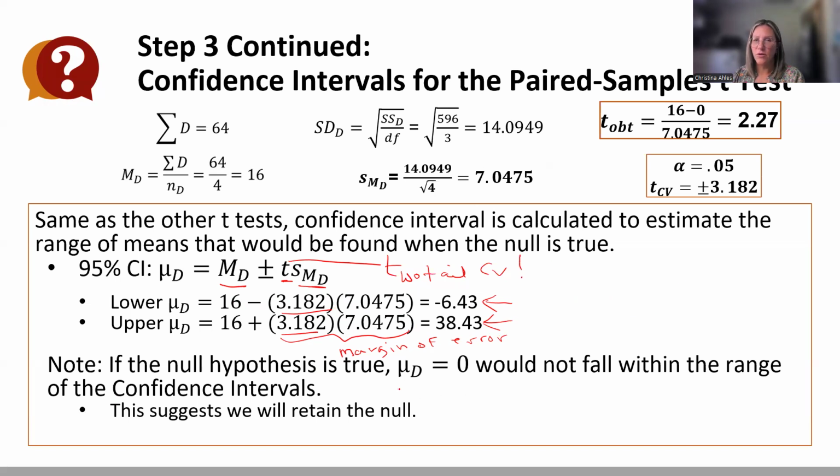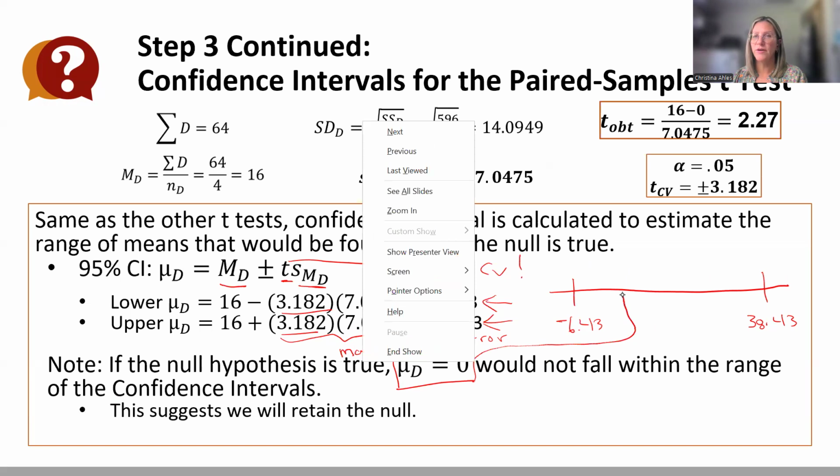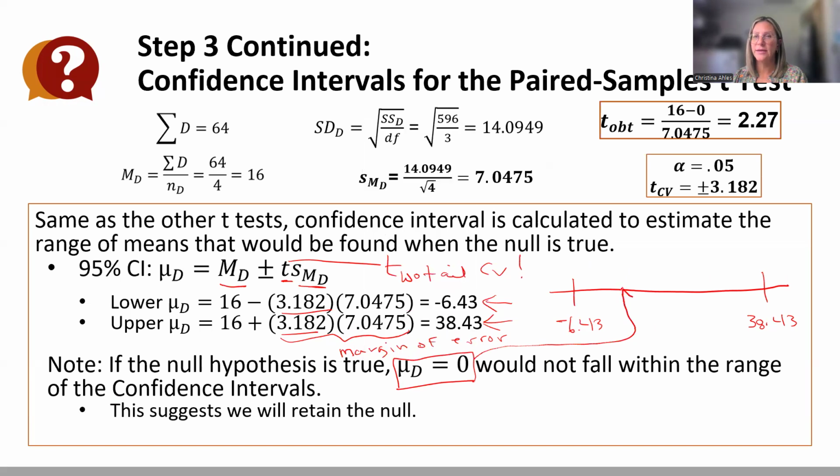So remember, the null is based off the null's mean difference, which is 0. If you look at a number line, and here is negative 6.43, and you look at the upper 38.43, our mean difference of 0, 0 falls somewhere over here, right? It's in between.